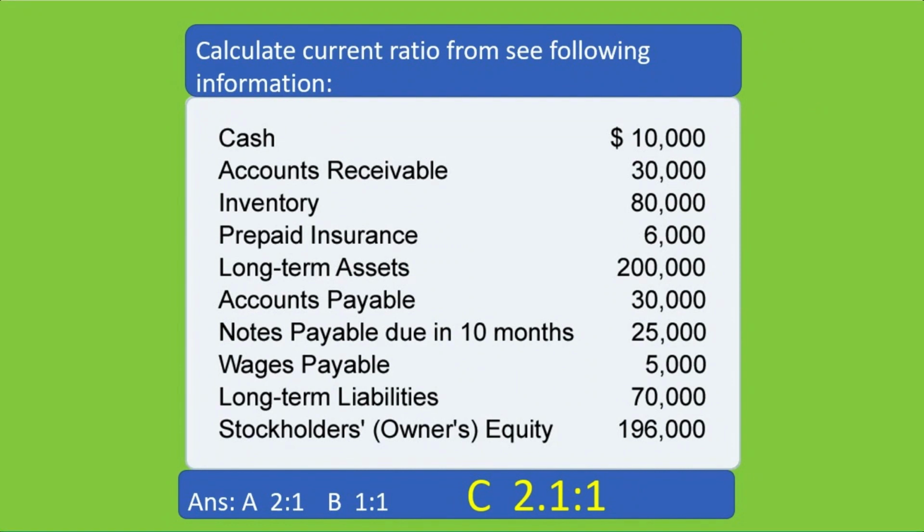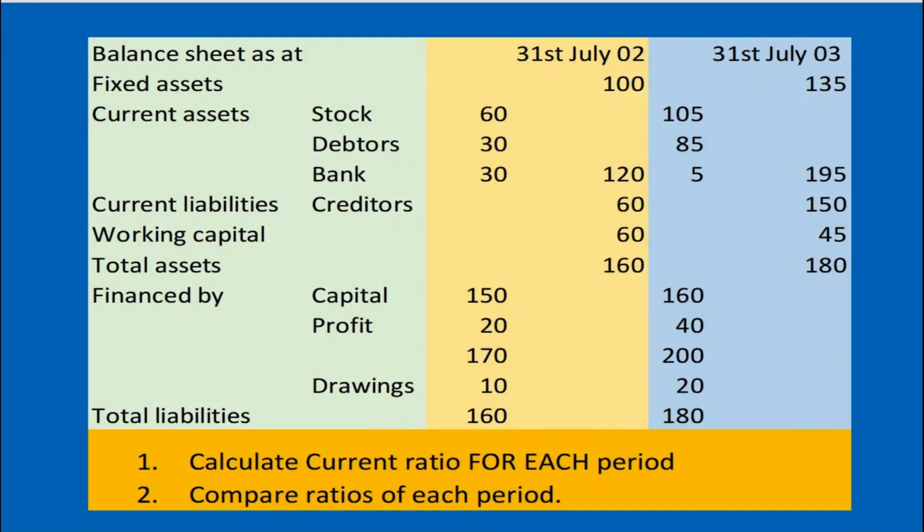Okay, now let's look at another question. Balance sheets as at July 31, 2002 and July 31, 2003. Fixed assets 135. Current assets: stock 105, debtors 85, bank 125, total 195. Current liabilities: creditors 150.